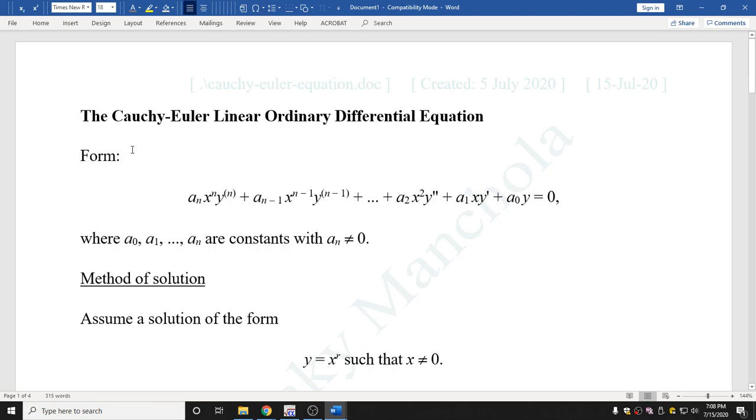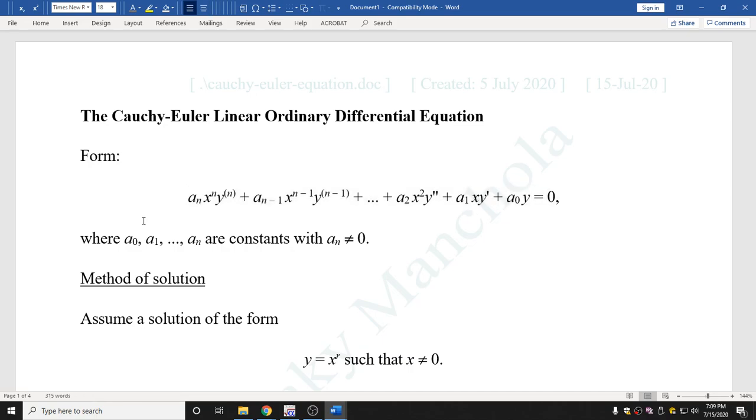The Cauchy-Euler linear equation has the form a_n x^n times the nth derivative of y, plus a_(n-1) x^(n-1) times the (n-1)th derivative of y, plus, and so on, plus a_2 x^2 times the second derivative of y, plus a_1 x times the first derivative of y, plus a_0 y equals 0.